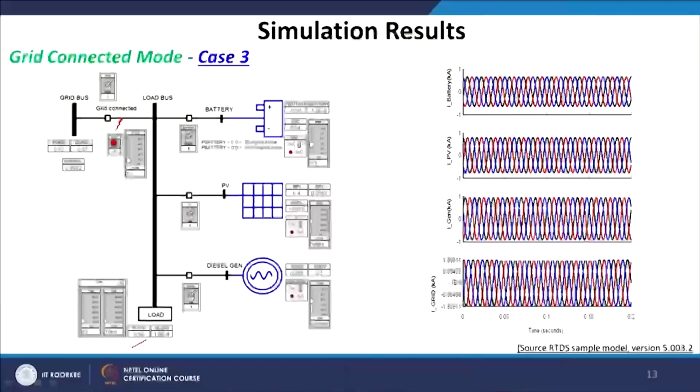Now, let us move to case 3, which is slightly interesting, where the load is at 0.5, but you can see now the battery, because we consider the first one is off peak, means the battery is basically charging.